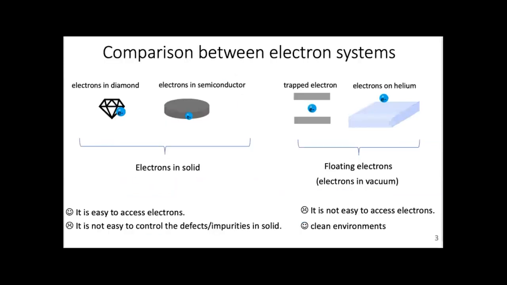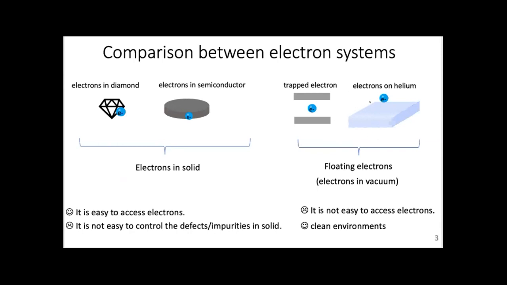So I think we can categorize physical systems using electrons as qubits into two categories: electrons in solids and floating electrons. In the left case, the electrons exist in solids, such as diamond or semiconductors. In the right case, the electrons exist in vacuum.